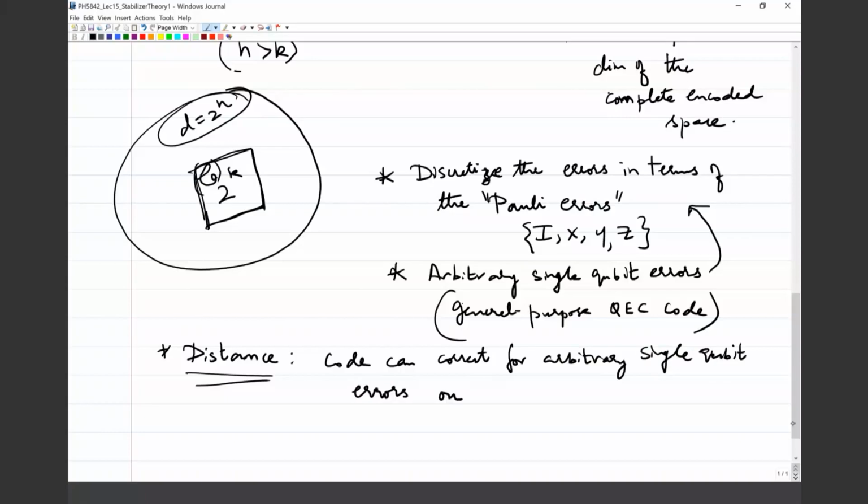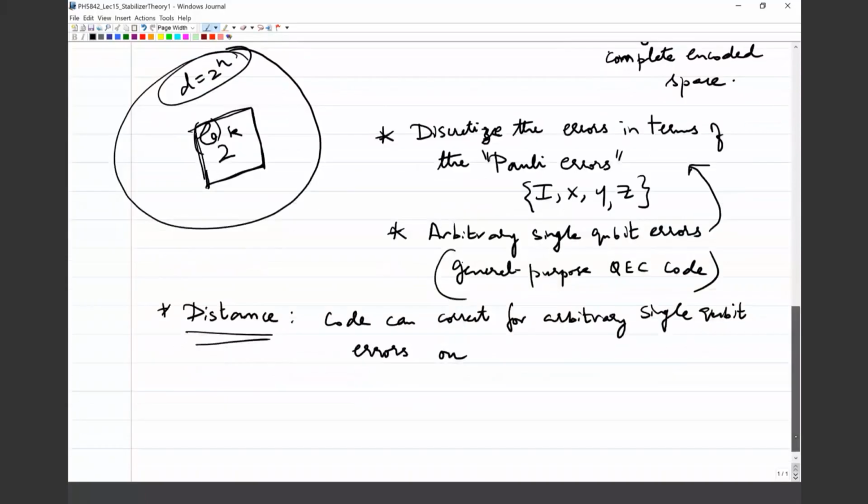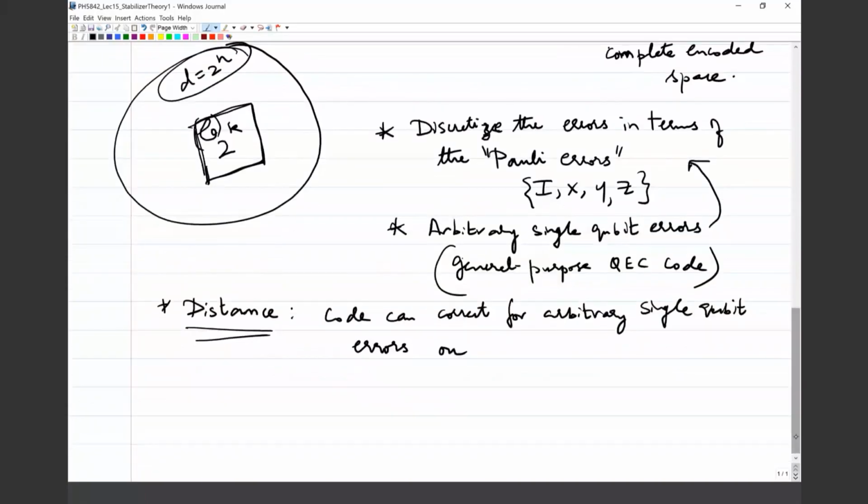Well, D itself does not talk about the number of qubits up to which this can correct errors. It's actually a related parameter, which is called T, which is D minus 1 by 2. There's a reason why we are defining it like this, but basically this is what the distance tells us.